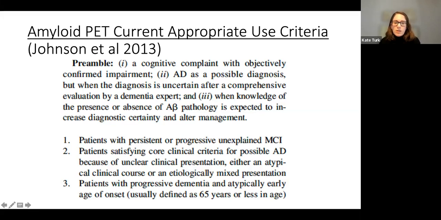The other group would be those who have possible Alzheimer's disease but have an unclear or atypical presentation, and when we think there might be mixed etiologies, so Alzheimer's disease with Lewy body or Alzheimer's with vascular disease, for example. And then finally, any patient who has progressive dementia and an atypical or early onset before age 65 would automatically meet criteria for amyloid PET according to these 2013 guidelines.